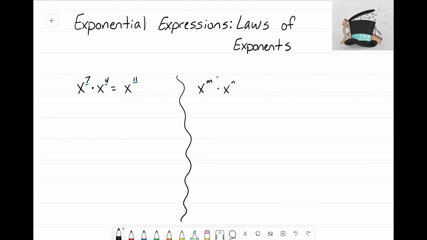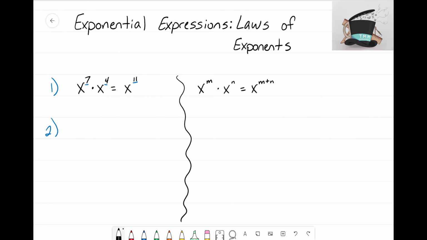If I have a problem where I see this occurring, instead of needing to expand and simplify, we now know all we have to do is take those exponents, the m and the n, and just add them. We just need to add them because when we expand and simplify, that's what we're doing. That is our first law of exponents. Let's go ahead now and look at our second law.